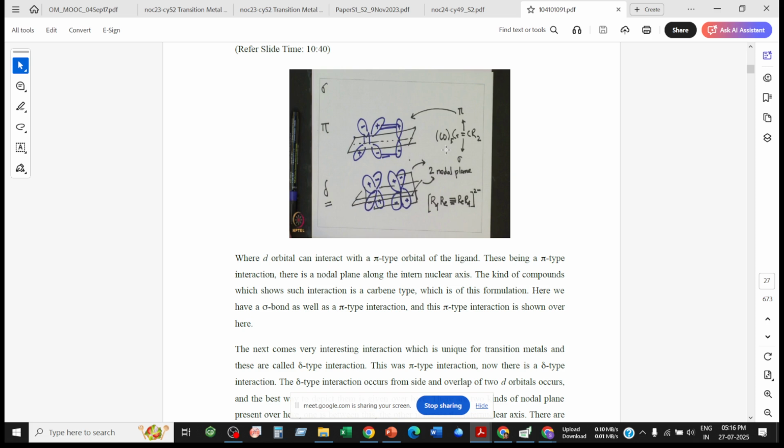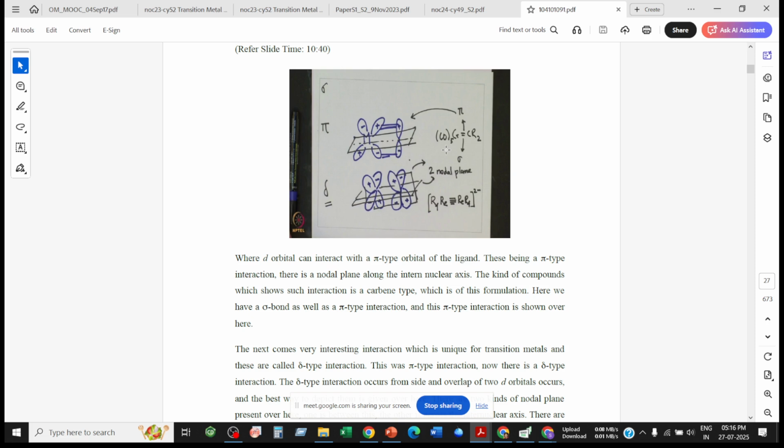Now, how is the delta bond formed? We know that the d orbitals are of two kinds, T2g and Eg. The Eg orbitals, that is dz square and dx square minus y square, are involved in sigma bond formation, because their orientation is along the axis, since dz square and dx square minus y square orbitals orient along the axis.